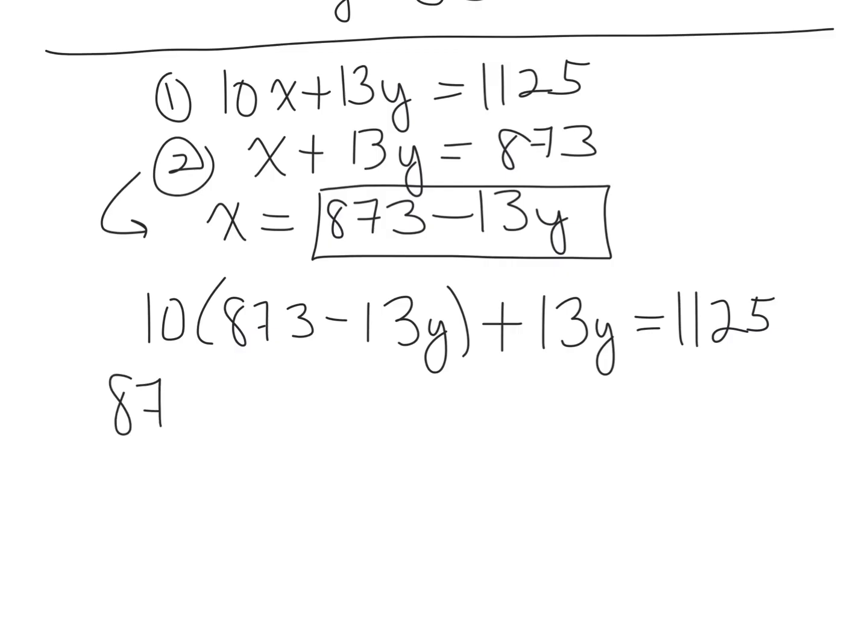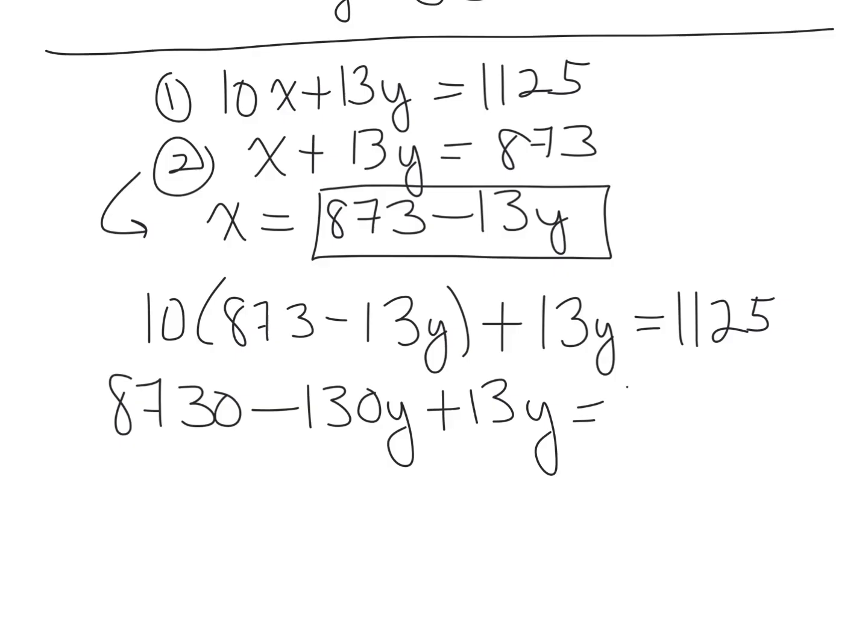Here I have 8,730 minus 130y plus 13y is equal to 1,125. Okay, so I'm going to do some subtracting here.